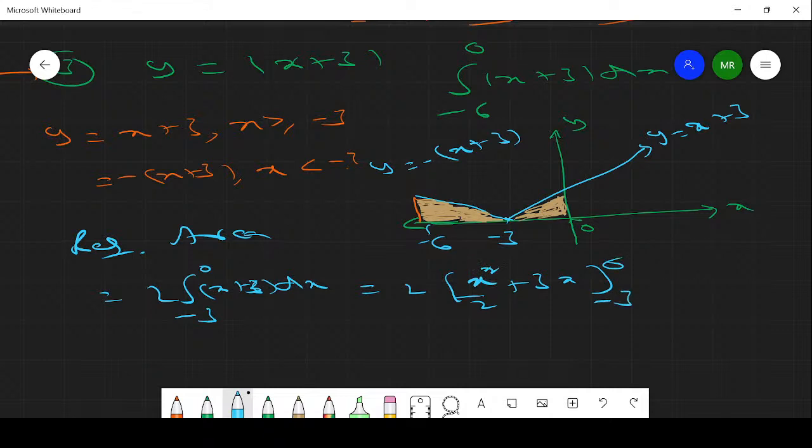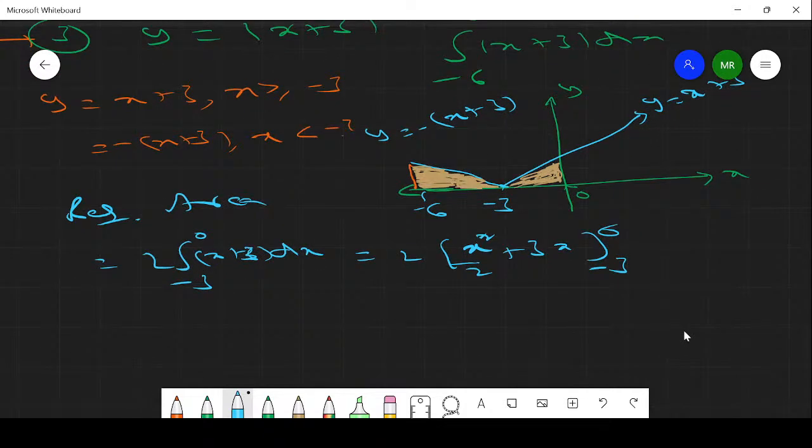Apply minus 3 to 0, then you can simplify. If I apply 0, everything will be 0, right? Apply the minus 3 to this one.